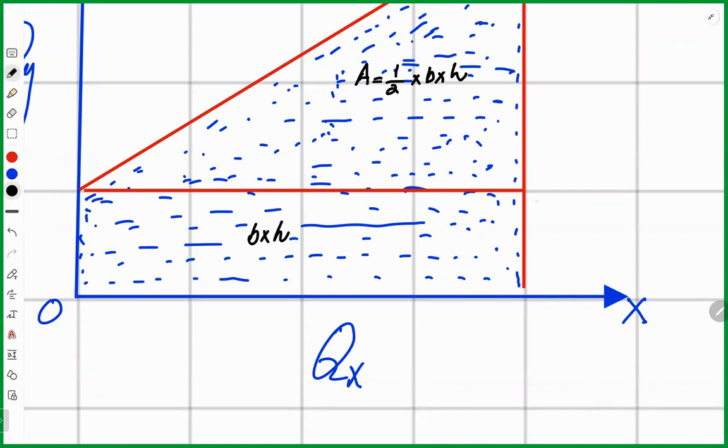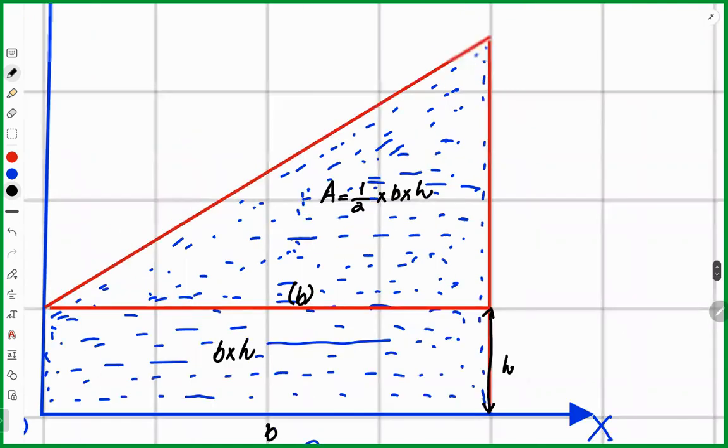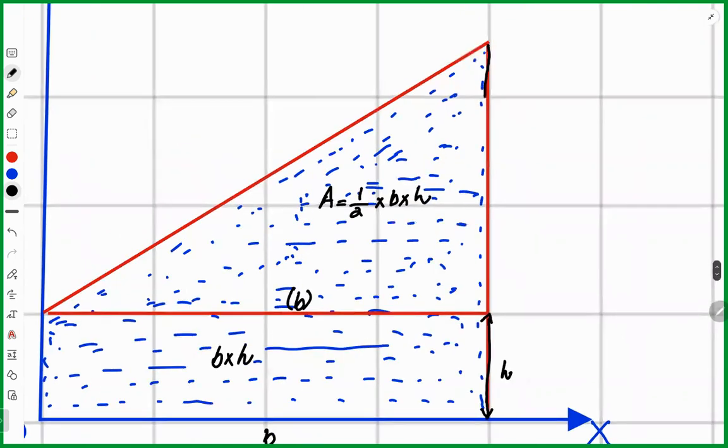In this case, this will be the height, and this will be the base, and in this case, this will be the base, and this will be the height. Where are these heights coming from? Heights are taken from the y-axis, bases are taken from the x-axis.